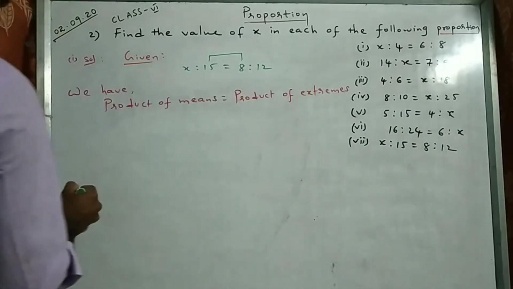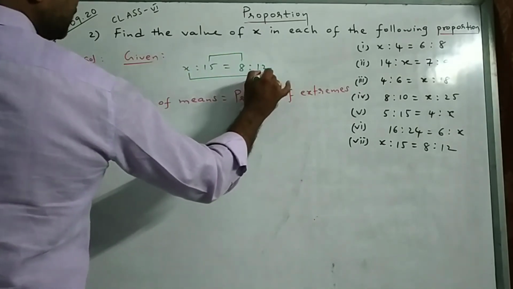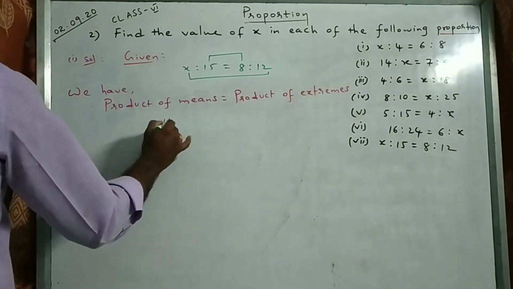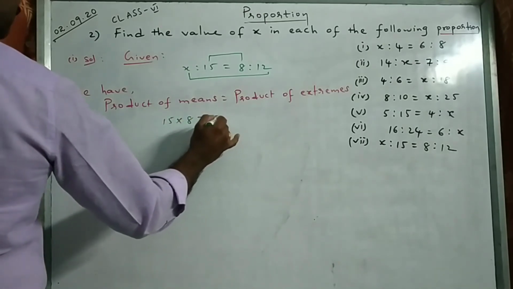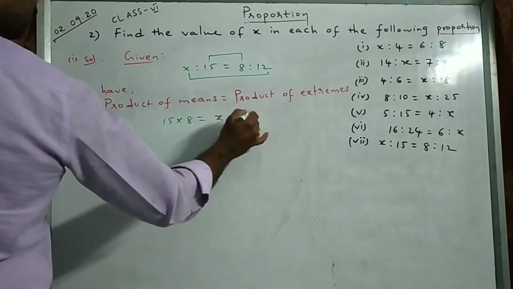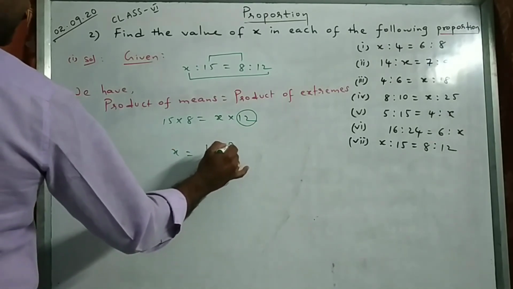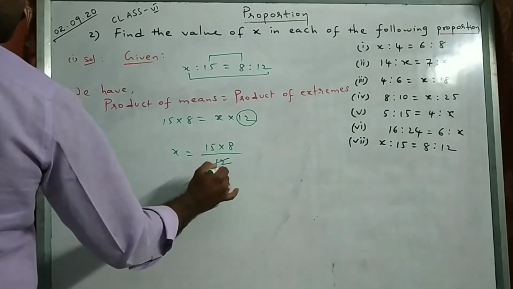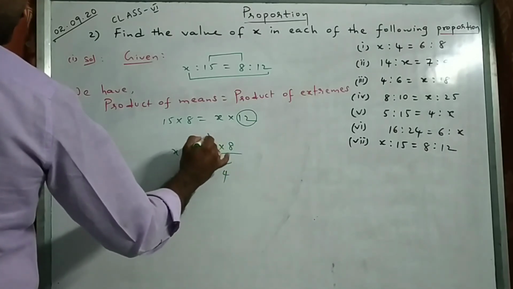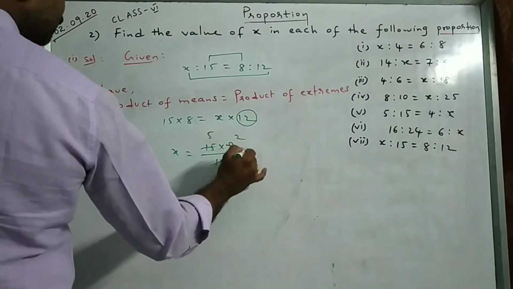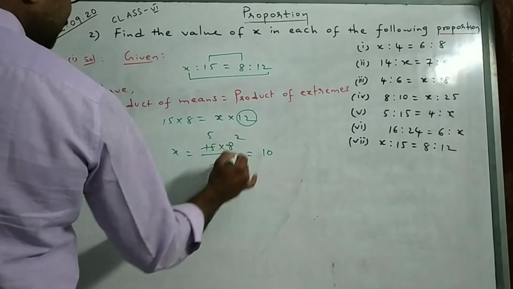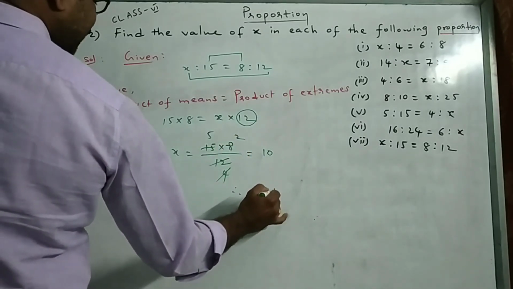Means are 15 and 8, extremes x and 12. So 15 into 8 is equal to x into 12. So I will send 12 this side: 15 into 8 upon 12. 3 fours are 12, 3 fives are 15, 4 ones are 4, 4 twos are 8. So 5 twos are how much? 10. So what is the value of x here? 10.